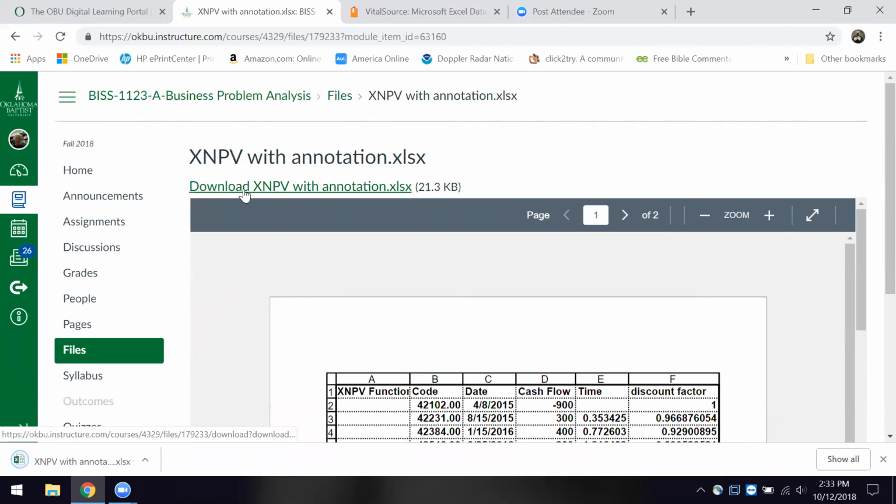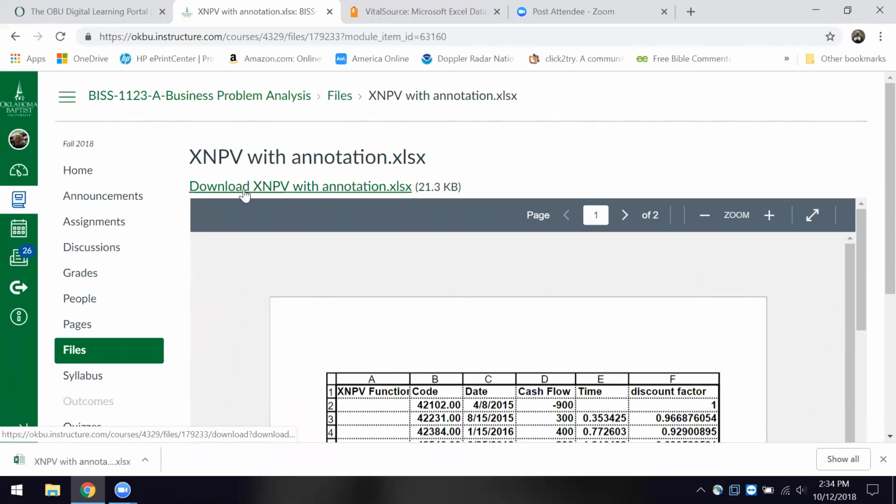I've adopted this text for the first time. This is the first semester I've used this text, and it's absolutely beautiful. It's a fantastic text. It explains in detail, great practical examples, but it's densely packed. And so as I go through it, I realized this week what I need to do is provide you some annotation.